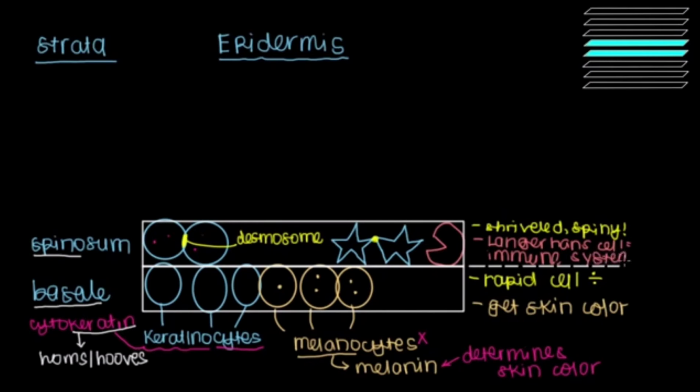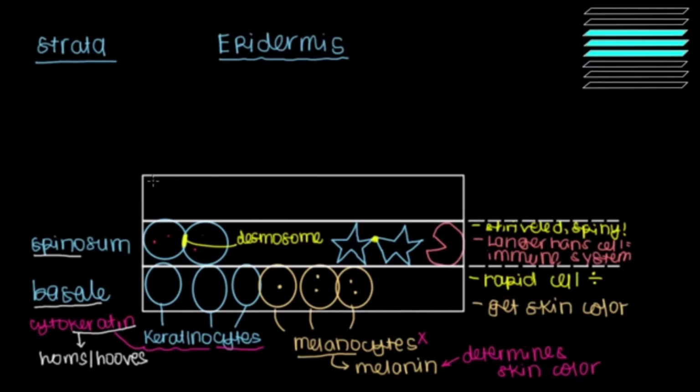Moving on to the superficial layer after your spinosum, the next layer is called the stratum granulosum.